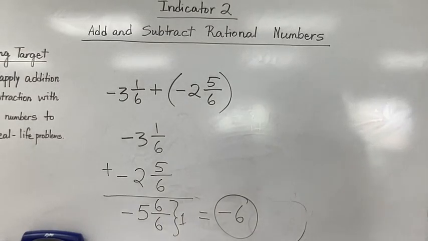Let's go ahead and solve a problem where I have two rational numbers in two different forms. Okay, one can be as a fraction, and then one can be a decimal.